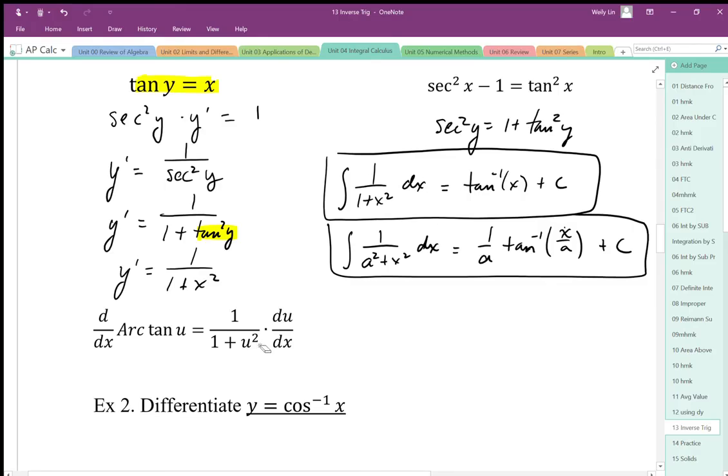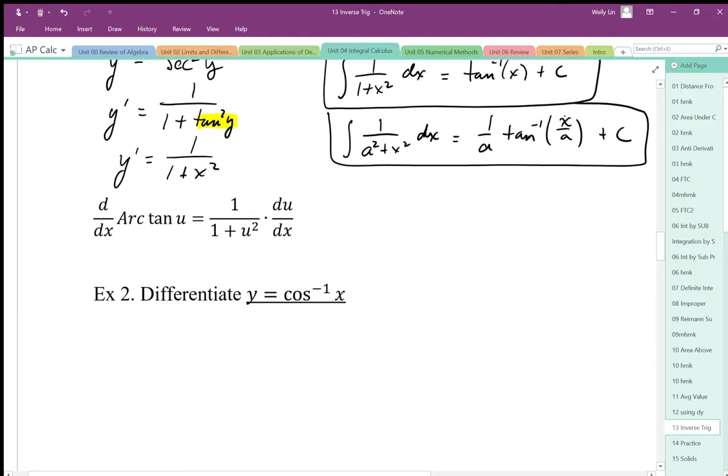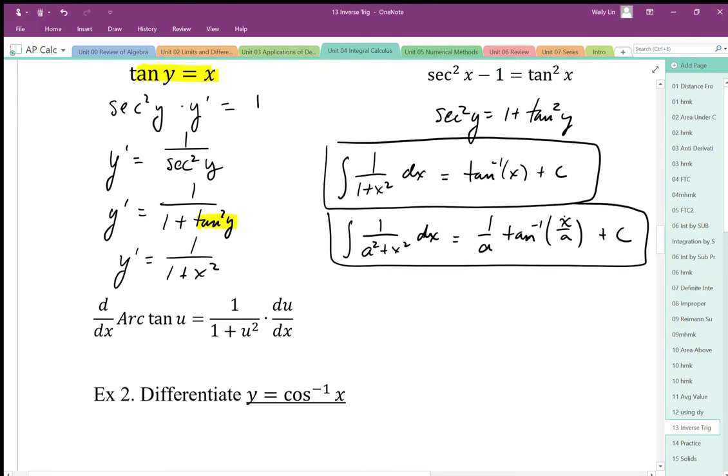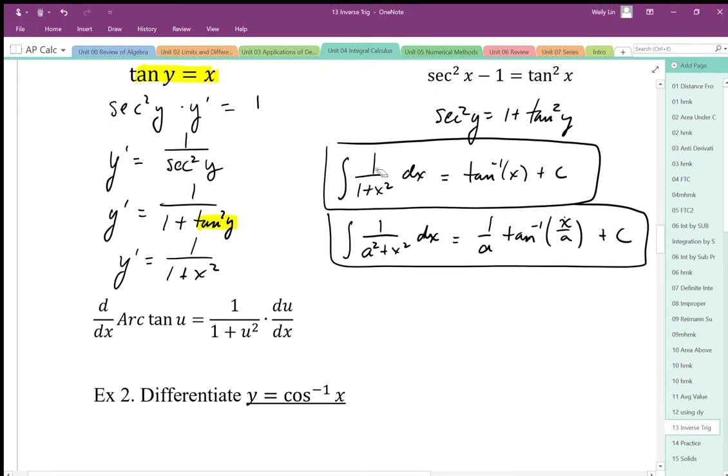We also can undo ones that look like this. To be clear, these two now are standard integrals. When we see these, we can't use substitution. It won't work. We have to apply the arctan antiderivative.